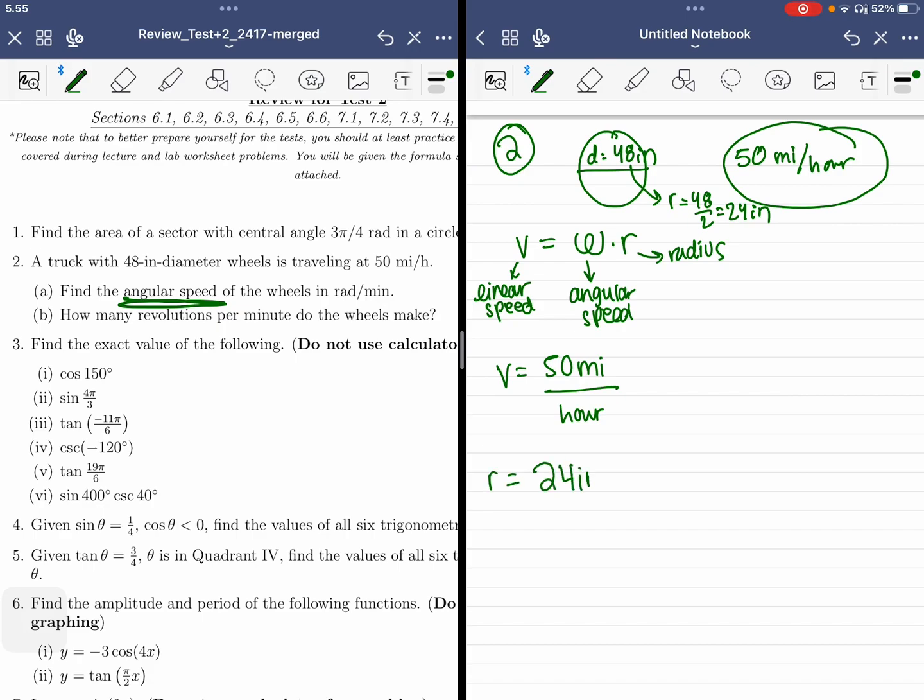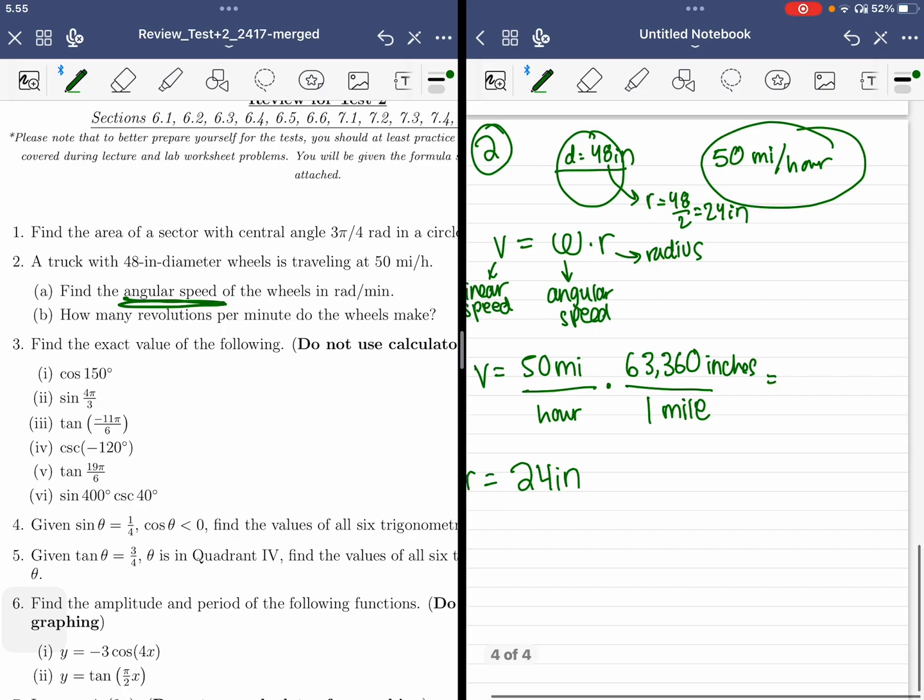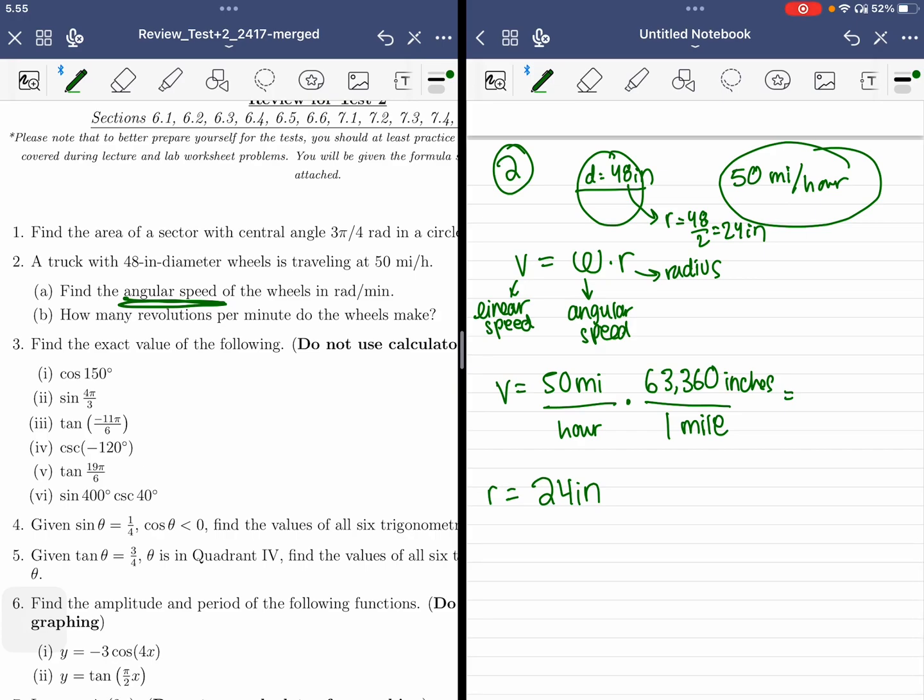So we discussed today that 1 mile is 63,360 inches. So you have to multiply that. I believe you would get 3 million something.